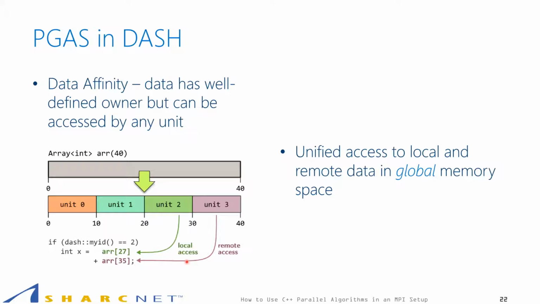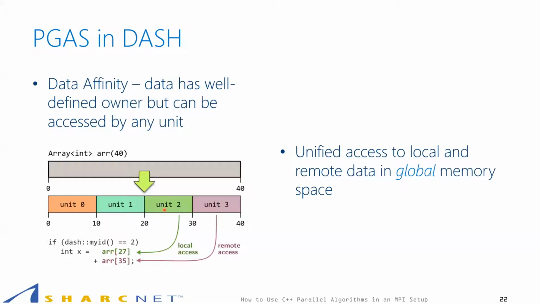So here, let's see how PGAS in DASH works. For data affinity, the unified access to local and remote data in global memory space is like this. For example, if we have a DASH array with 40 elements here, and we use unit 2 to access, for example, element 27, we can use global memory space or global indices.